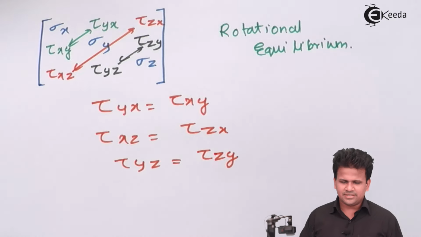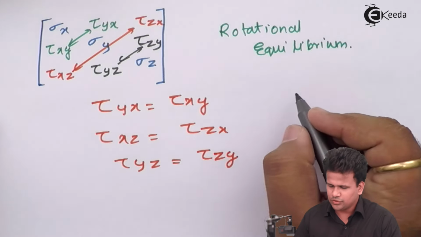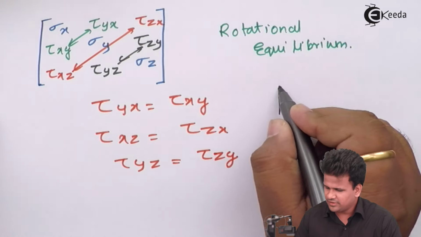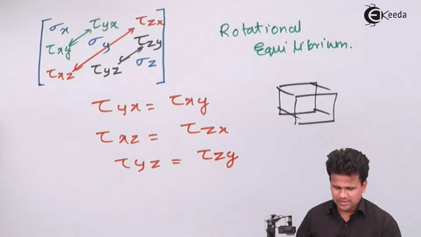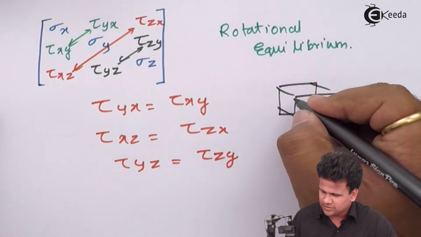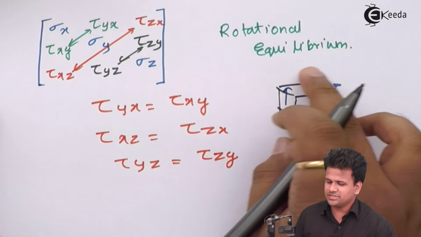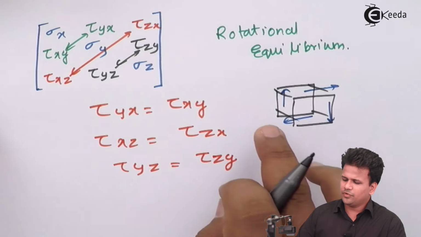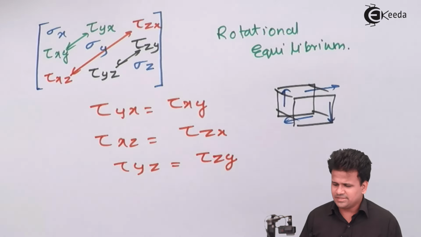Now let us understand how we have got this. Imagine an entire cube. So this is the cube, and over here you can denote all the forces. Rotational equilibrium means what? It won't rotate clockwise or anti-clockwise on any axis, that is x-axis, y-axis or z-axis.